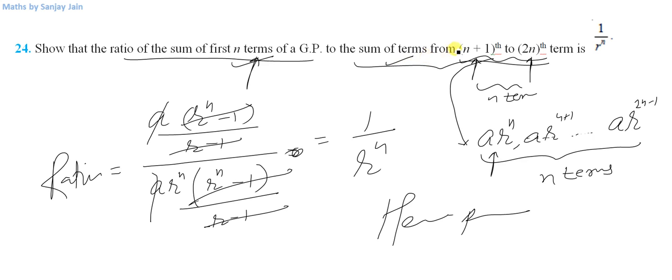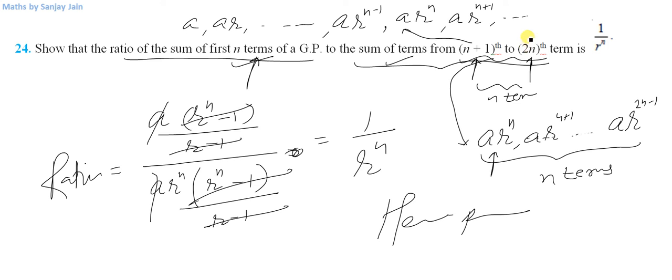See, up to n terms, what were the terms? a, ar, and the nth term was a r^(n-1). After that, what will be the next term? The (n+1)th term was a r^n, and the series will continue like this: a r^(n+1) and so on up to the 2nth term, which is a r^(2n-1).